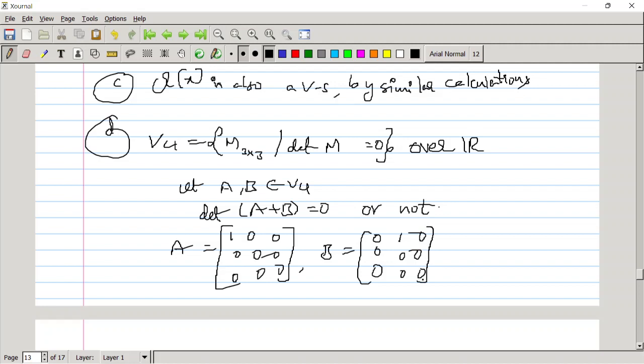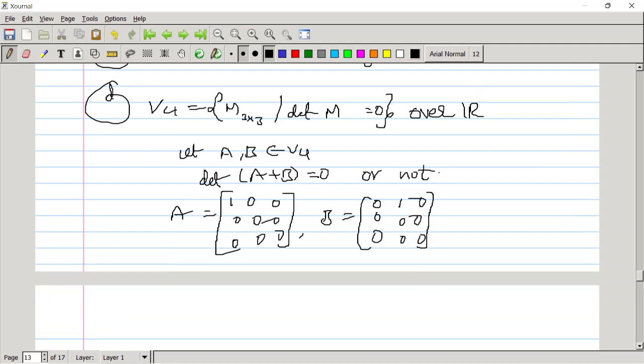Why am I taking these two matrices? Because the given set is a subset of the vector space of all matrices of order 3 cross 3.